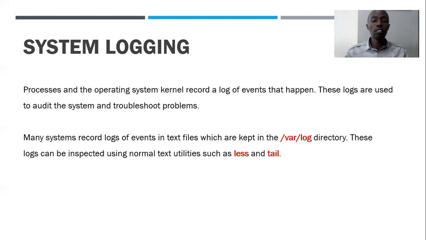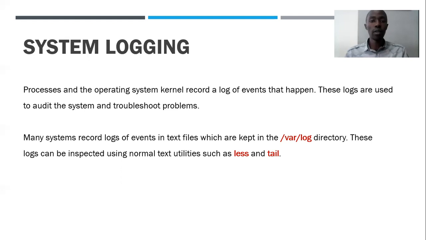If I can just show you how this works, remember, all system logs are recorded in /var/log. I know in /var we have so many files, but we are attaching ourselves to only one, which is the log.